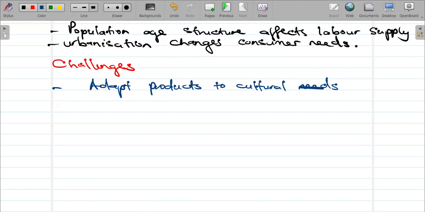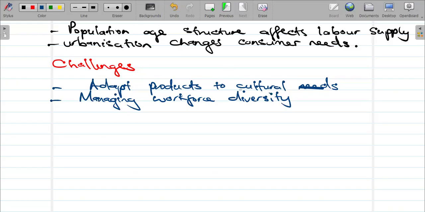And also, the organization might have a challenge in managing workforce diversity. The organization might have a problem in managing workforce diversity, right?